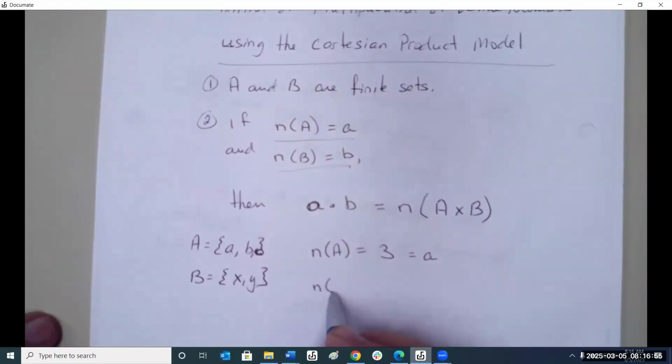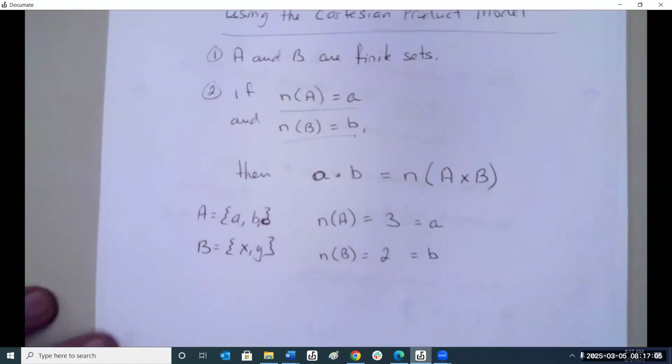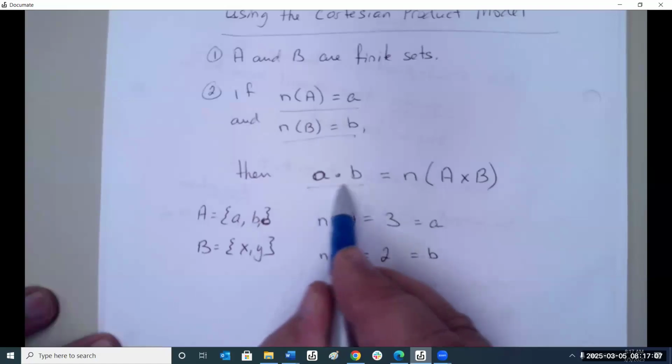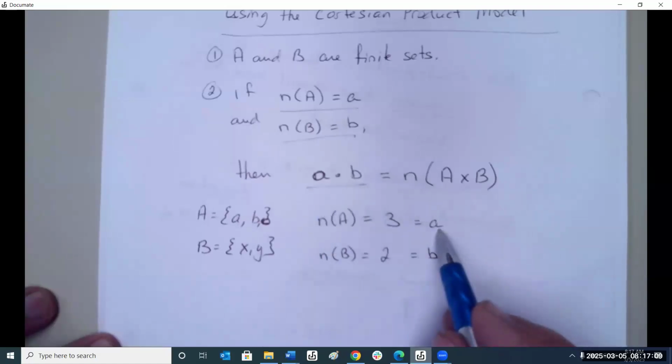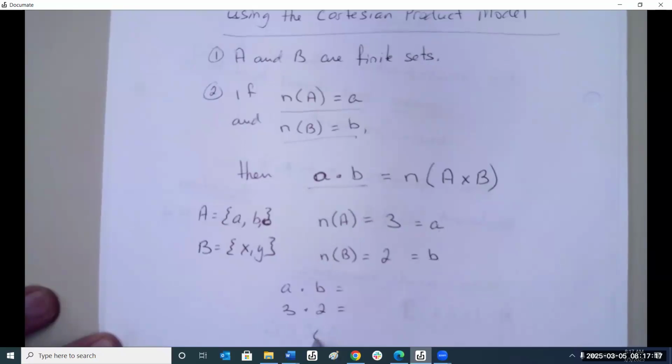The cardinality of B is 2, and we call that the little b. So far, so good? So now we can do this side here. Little a times little b is 3 times 2 equals 6.